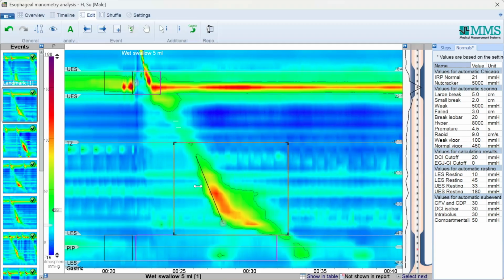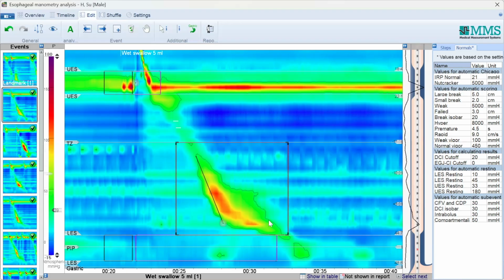You can see it's mentioned that this box is the DCI, distal contractile integral. This box reflects how strong the contraction is. We call it the vigor of the contractility, how strong it is. The whole box, yes, this one.